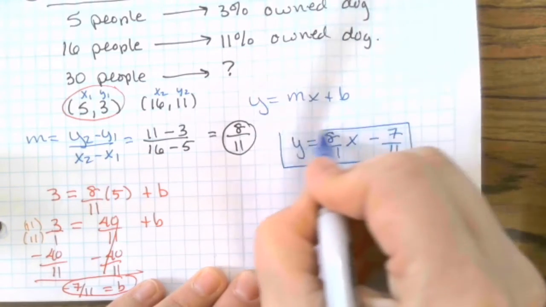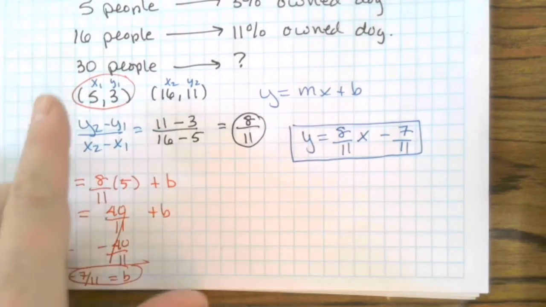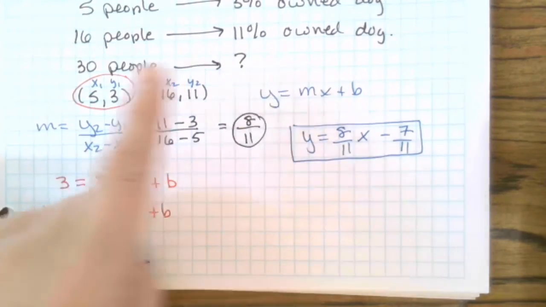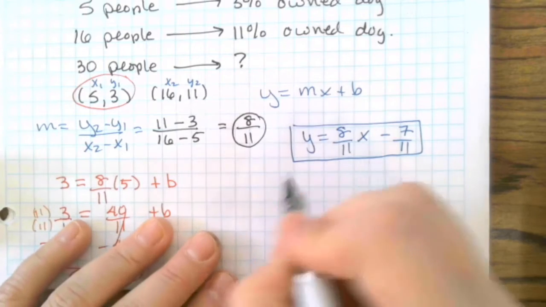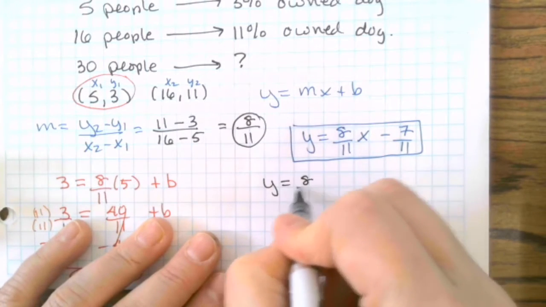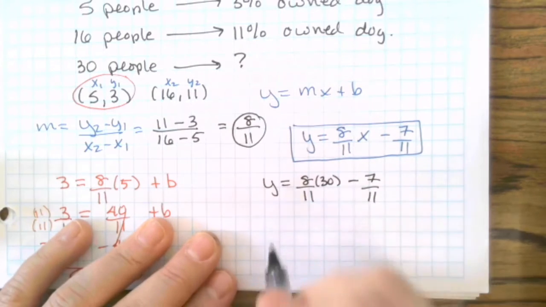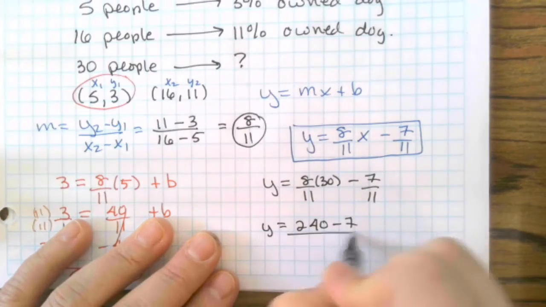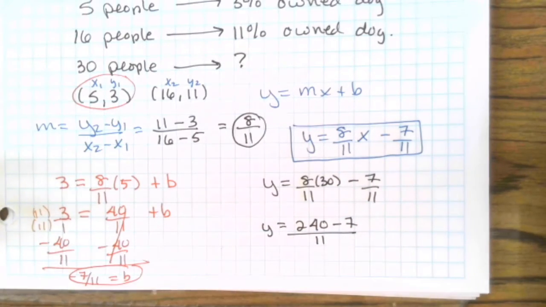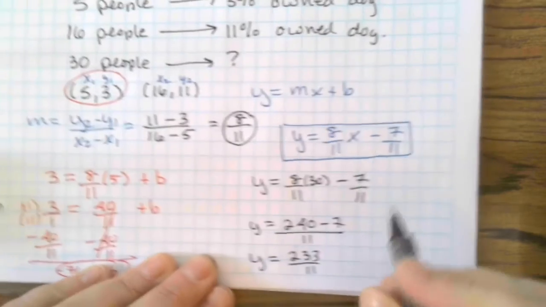That is our equation. Once you have an equation, now you can use your equation to calculate any number of percentages based on the number of people. So we're going to say if x is 30 people, so y equals 8 over 11 times 30 minus 7 over 11. 8 times 30 is 240 minus 7 over 11, which is 233 over 11.